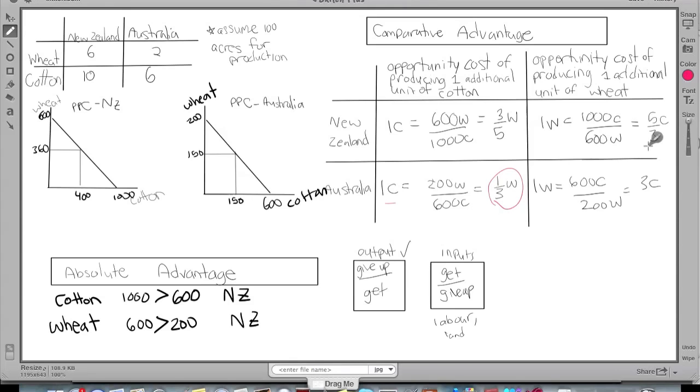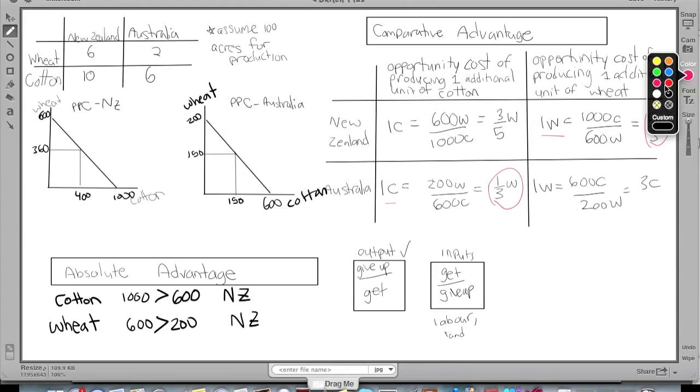And then if we look at wheat production, 3 is greater than 5/3. So that means New Zealand has the comparative advantage for producing wheat. And the reason it has the comparative advantage is because the actual opportunity cost of producing one additional unit is lower than it is for Australia.